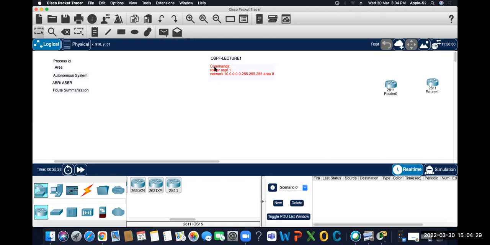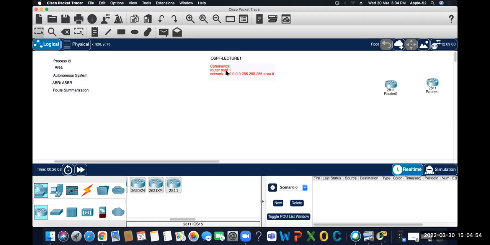That is, I'm discussing the command first and then I'll slowly move a little deeper into the concepts. Even the command is quite lengthy: router OSPF 1, network, that is the network address, then the wildcard mask bits, and this is the area. Now we will see what all these things are.